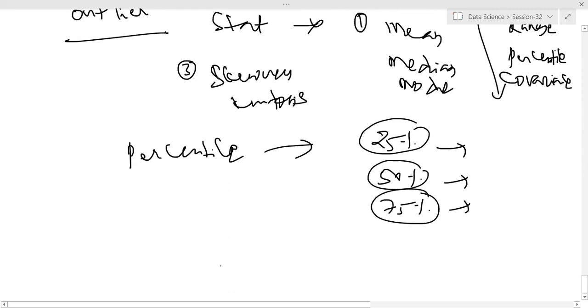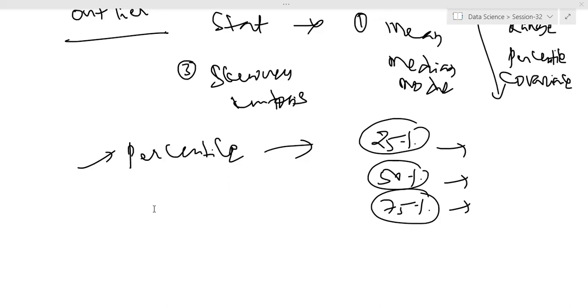We are not only observing the outliers, but from the percentile you can find them. In a mean you can just see the outliers are there, but how to identify an outlier is using percentile. Very good. The location, it will find out the location.